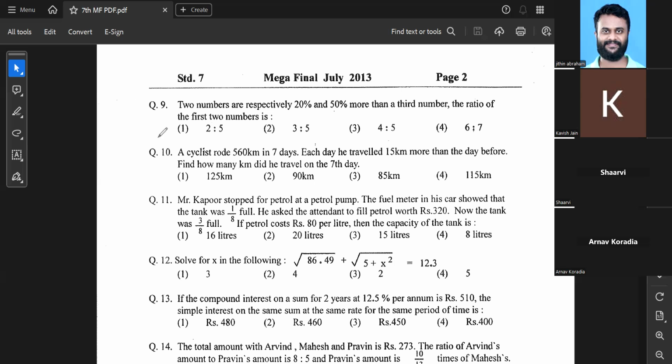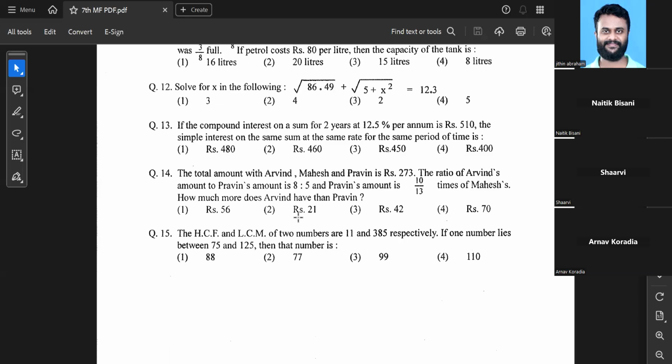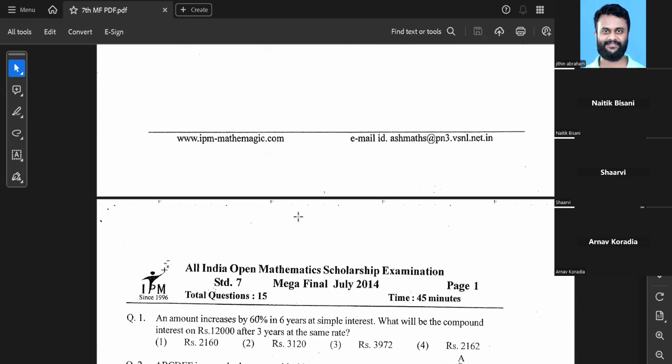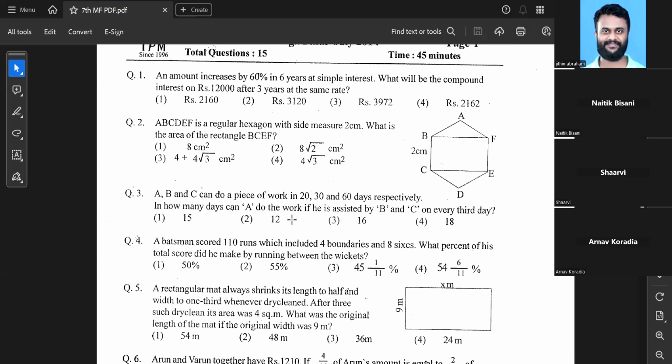Okay, ninth one, 10. Sir, we have even done this 10th one paper. Oh, acha. 11th one. Sir, you gave the last three problems as homework. Oh, yeah, correct. Okay. Then we can start with the new paper, that is 2014's paper. Yes, sir.